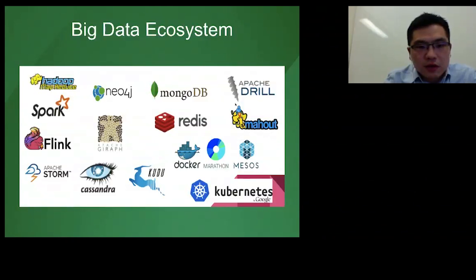Cassandra and Kudu are big data databases, and MongoDB and Redis are also databases. There are also SQL engines like Apache Drill and Mahout. Also, there are new technologies like containers: Docker, Mesos, and even Kubernetes, developed by Google. They are trying to set up a microservices framework for analyzing big data.